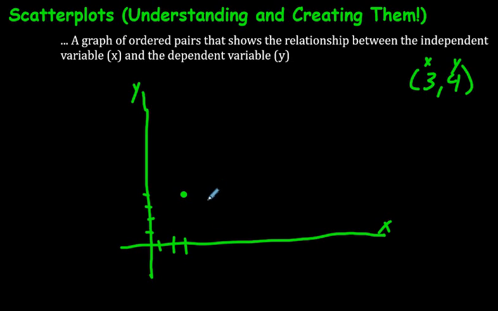But anyway, a scatter plot is when you have a whole bunch of these plotted points, and there could be many, many different situations where the y-axis is the dependent part, and down here is the independent part. So, for example, your mark on a test may have a very close relationship with the amount of time that you studied.